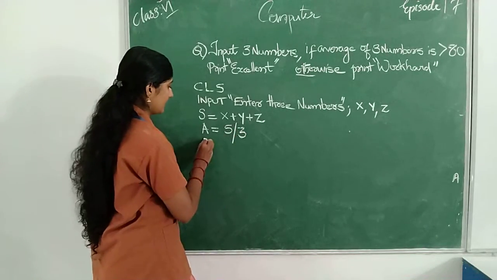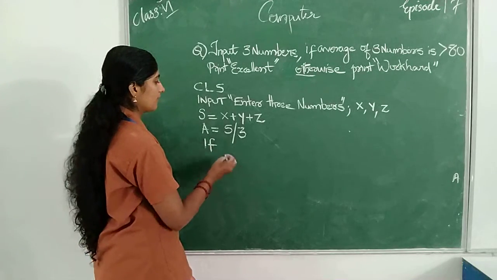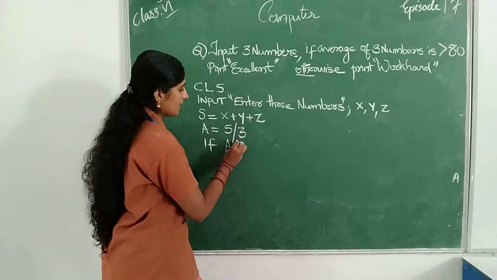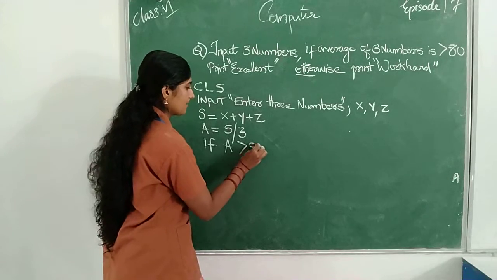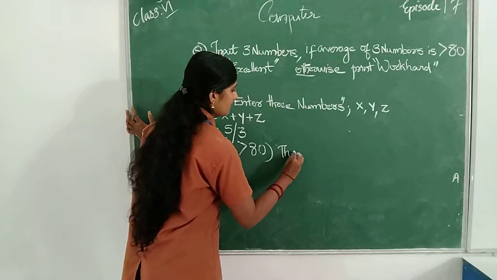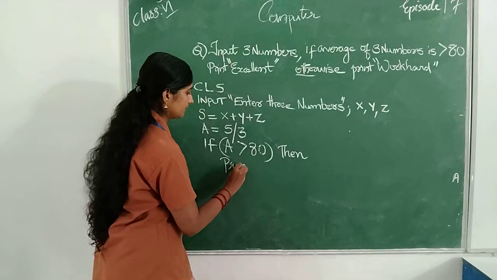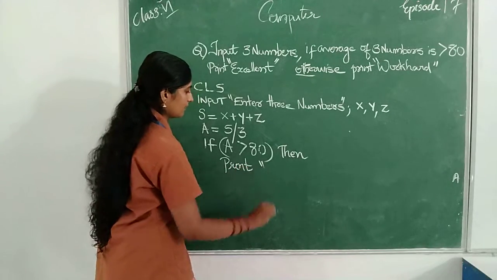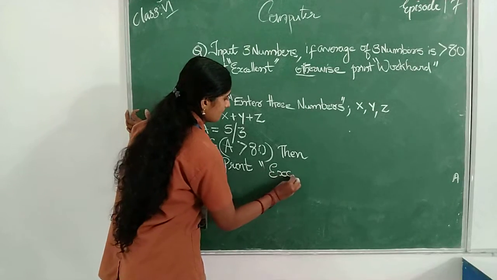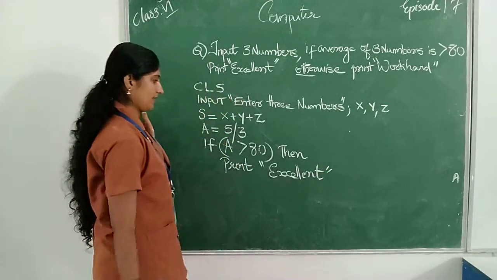Then next if, A means average. So if A greater than 80, then print excellent. Okay.